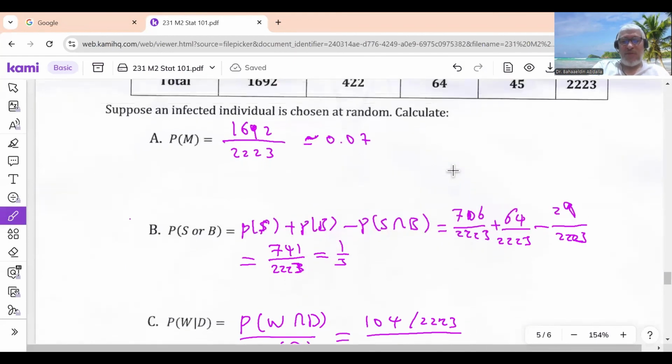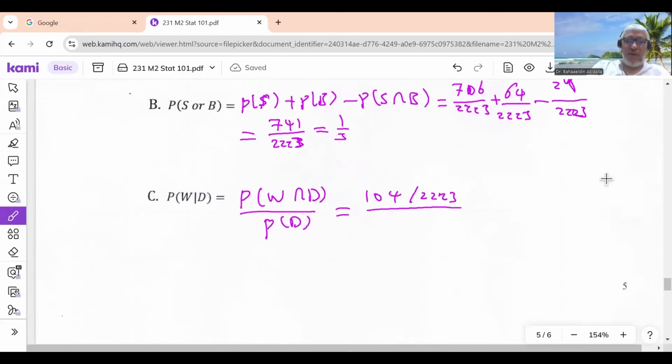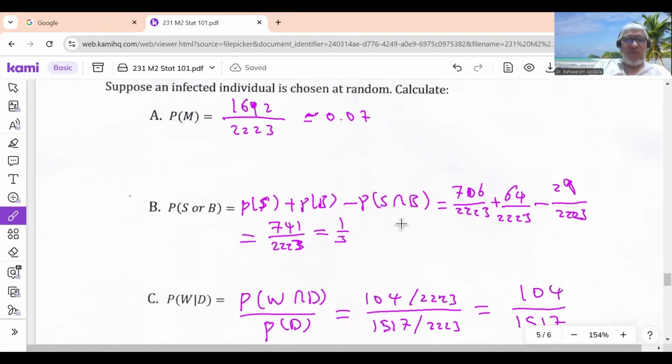And for probability of D, the total number of D is 1517. So 1517 divided by 2223. You don't have to write this one because they cancel with each other. And the answer would be 104 over 1517. This is the probability. This was the last question.